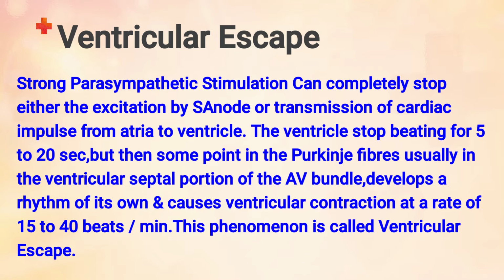The ventricles stop beating for 5 to 20 seconds, but then at some point in the Purkinje fibers, usually in the ventricular septal portion of the AV bundle, develops a rhythm of its own and causes ventricular contraction at a rate of 15 to 40 beats per minute. This phenomenon is called ventricular escape.